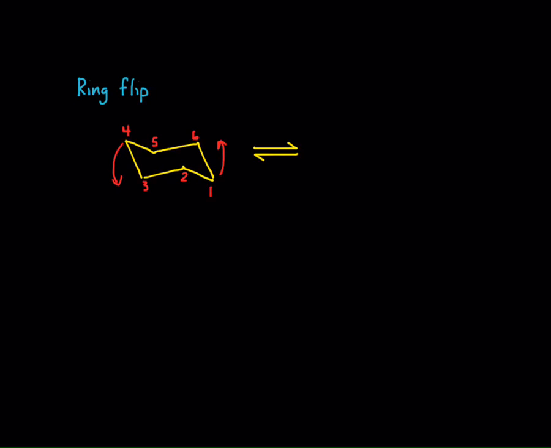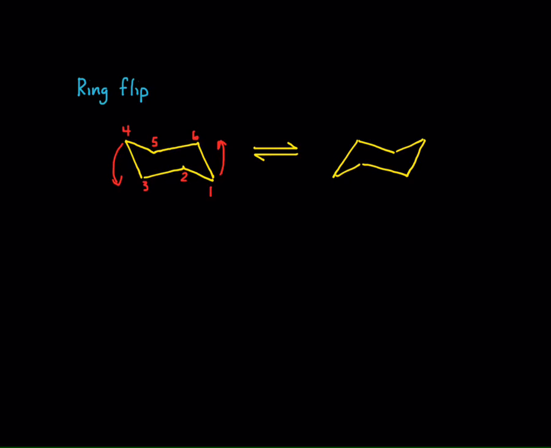And in essence, everything that's pointing up is going to go down and everything that's pointing down is now going to go up, right? So I can draw another conformation that looks like this, where notice the farthest carbon on the right is carbon number 1, and I've just pushed it up. The farthest carbon on the left happens to be carbon number 4, but now it's down.